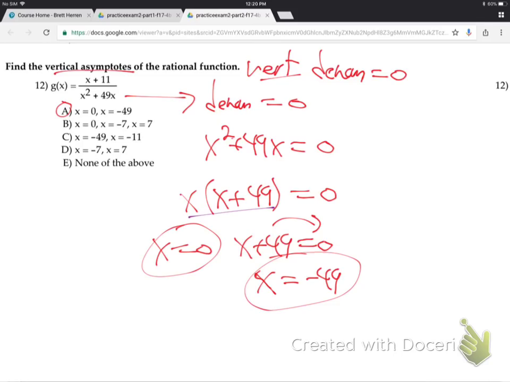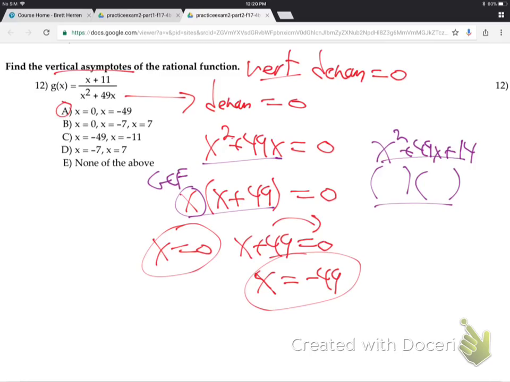Is it because there is no third part? Yeah, if there was x squared, say plus 49x plus 14 or something, then I would do the 2 parentheses. That's all called factoring. When there's 2 things, you take out the GCF, what's in common. When there's 3 terms, you do the 2 parenthesis factoring with the x's in the front.